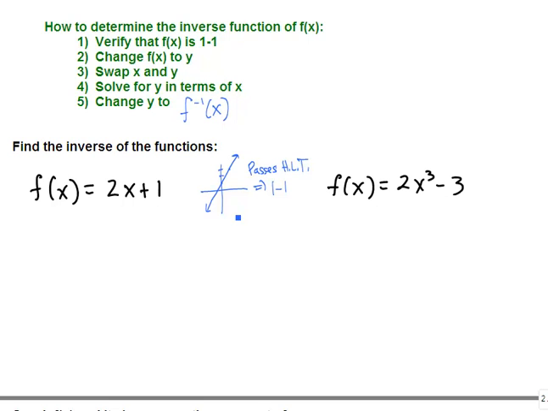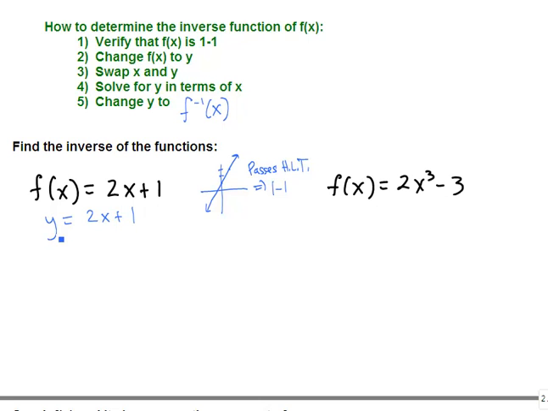So if it's one-to-one, then we know that it has an inverse. So how do you find it? Well, the first thing we're going to do is change f of x into y, so that we can think in terms of x's and y's instead of this function notation. So that's step 2 right here, change f of x to y. The next step, we need to do the swap.